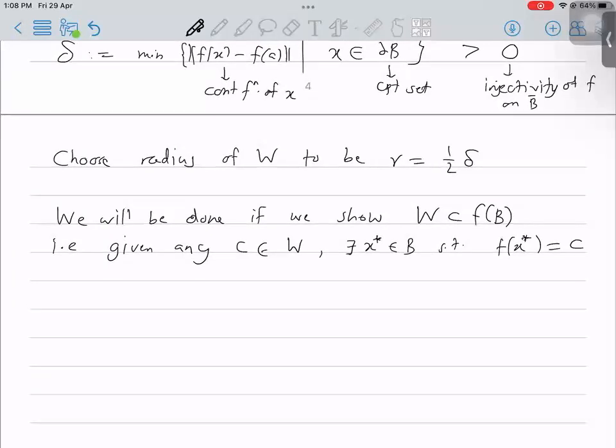By the way, X star is necessarily unique. Why? Injective.